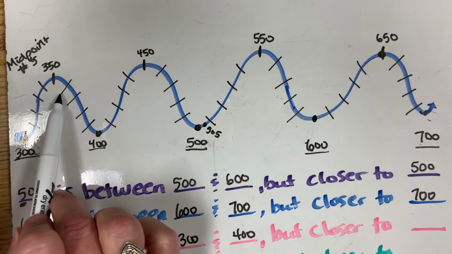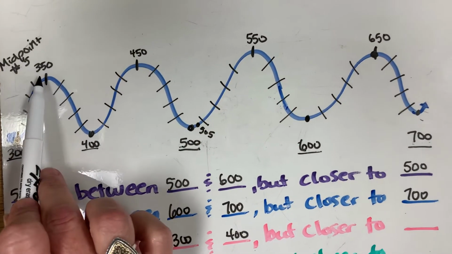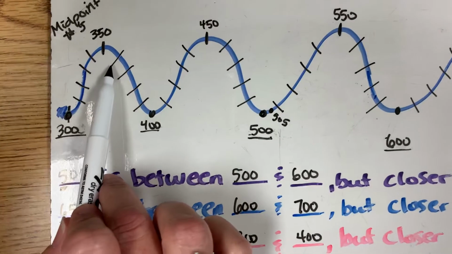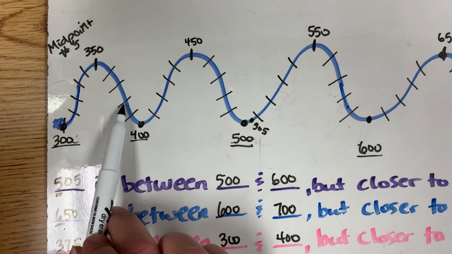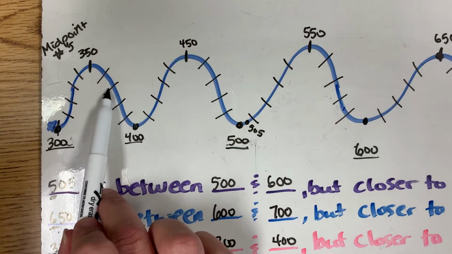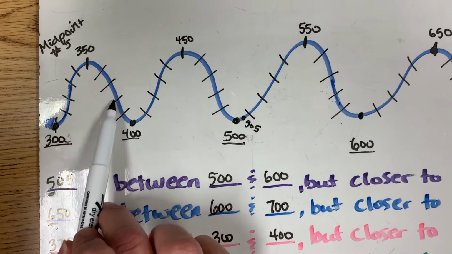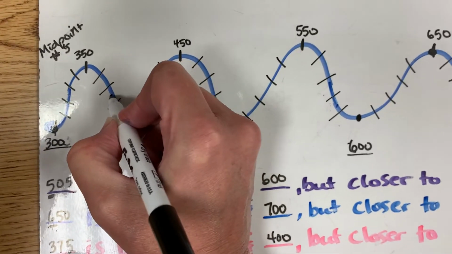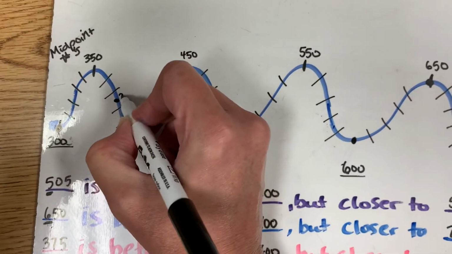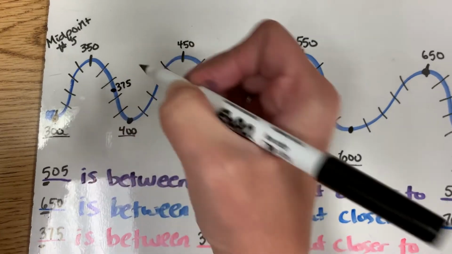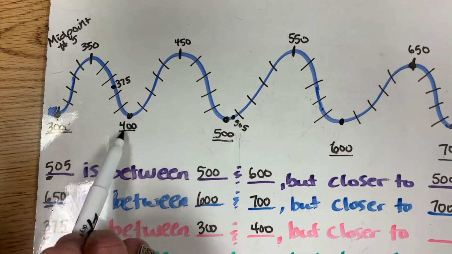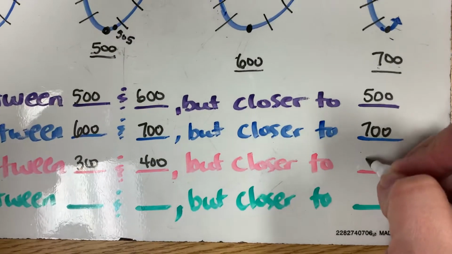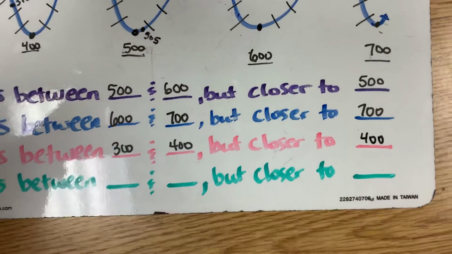Remember we said these are valued at 10. So if this is 350, this is going to be 360, 370, 380. So 375 is going to be between these two lines on my number line. It's half, so I would put it right here, 375. And again, it's to the right of the midpoint, so it's going to round to the higher boundary number of 400.